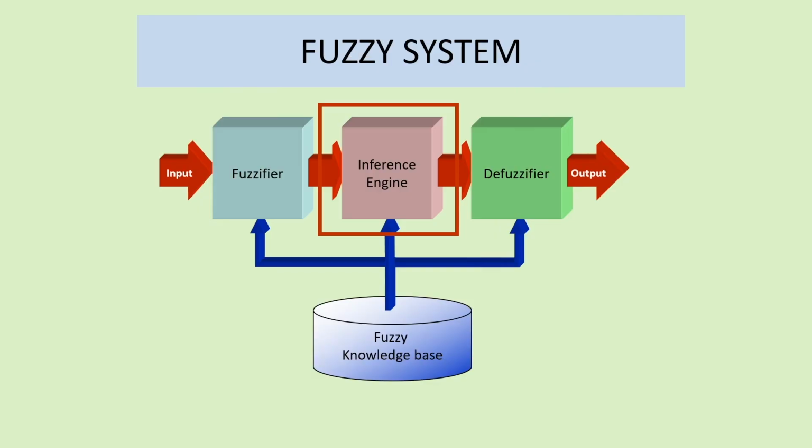We all very well know that the fuzzy system consists of four major components: fuzzifier, inference engine, defuzzifier, and fuzzy knowledge base. All these four components are interconnected and are working together to produce the output.